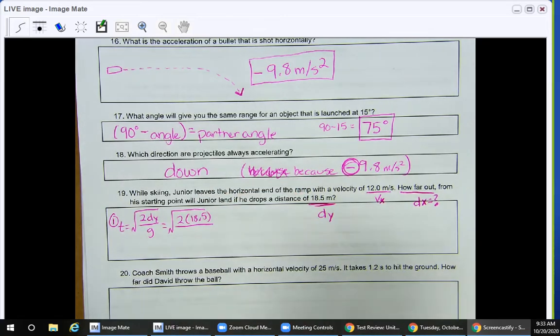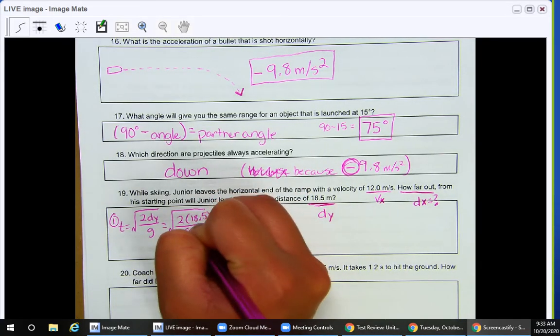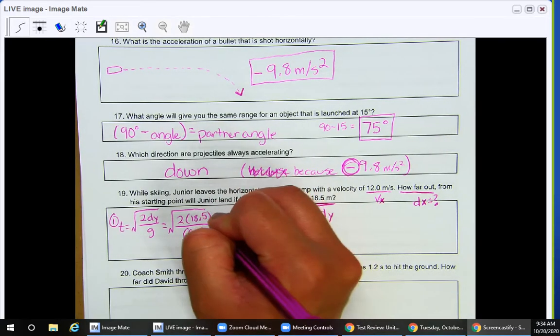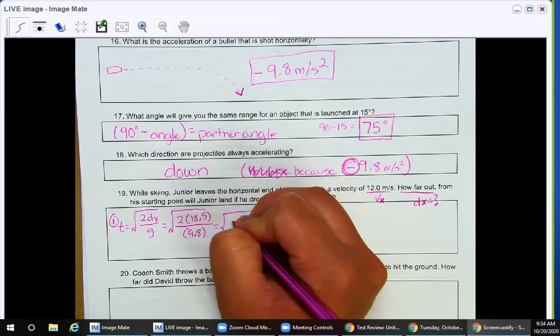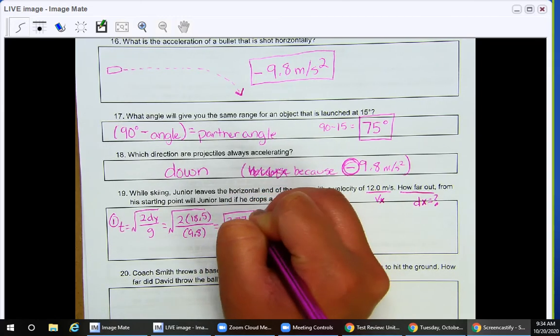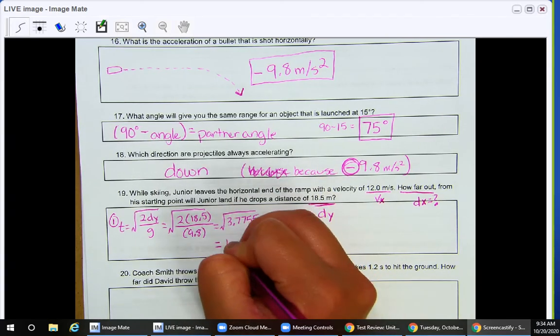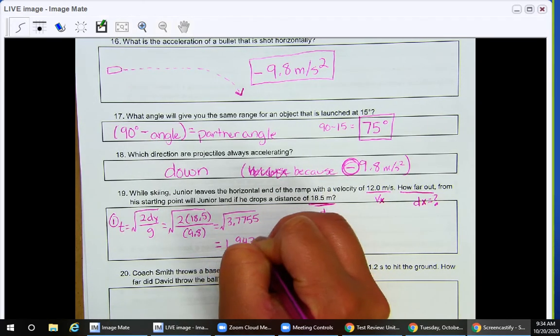Divide that by gravity, which is 9.8. 18.5 times 2 divided by 9.8. That's the square root of 3.7755. Our time is 1.943 seconds.